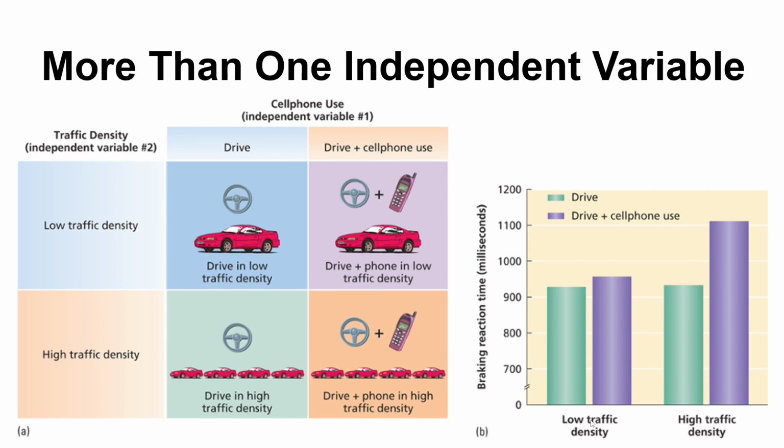And then we have low traffic density for these two bars and high traffic density for these two. And the green ones are driving with no cell phone, and the purple ones are driving with a cell phone. And while they haven't included the useful things like error bars or indicators of significance, which are going to tie us into our statistics discussion momentarily, we would look at this and say, okay, these two bars are fairly close together.